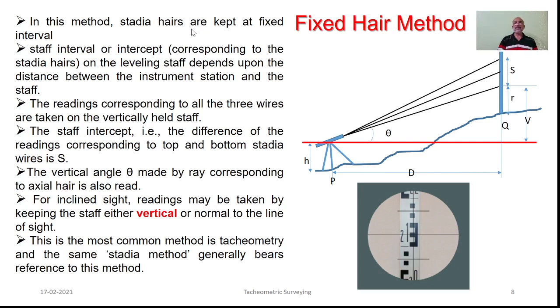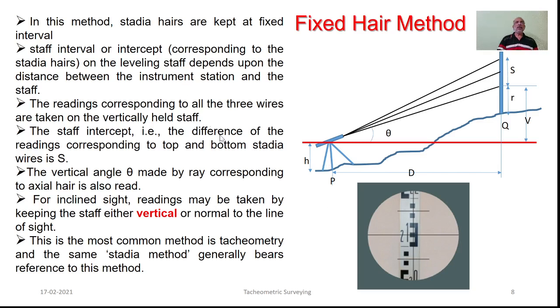As the name suggests, in this particular method, the tacheometer employed provides the stadia hairs at certain fixed intervals. So, the way you see here in this particular sketch, with respect to that particular horizontal hair, the upper stadia and lower stadia are kept at a fixed interval, whereas this axial hair is provided exactly midway between that upper stadia and lower stadia.